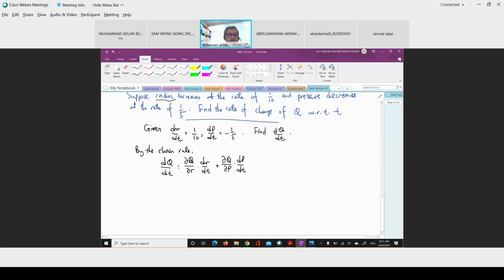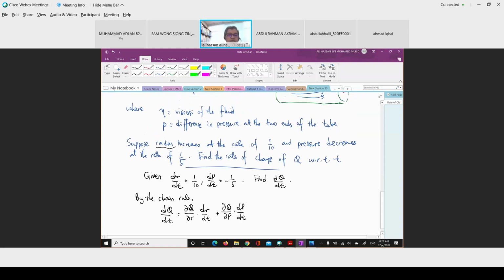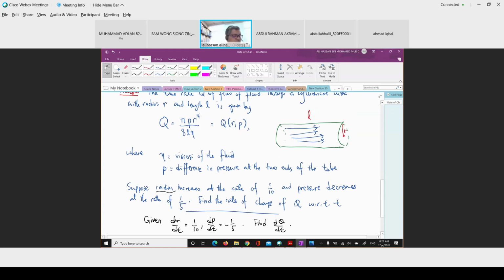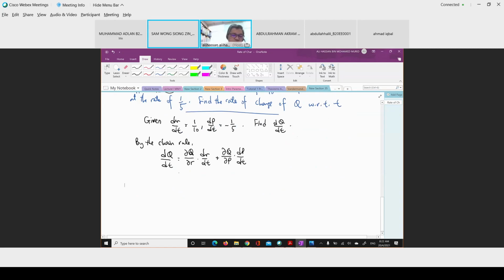So what is partial Q partial R? Let me write it down here. Q is pi P R to the power of 4 over 8 L eta. This is the Greek symbol eta.